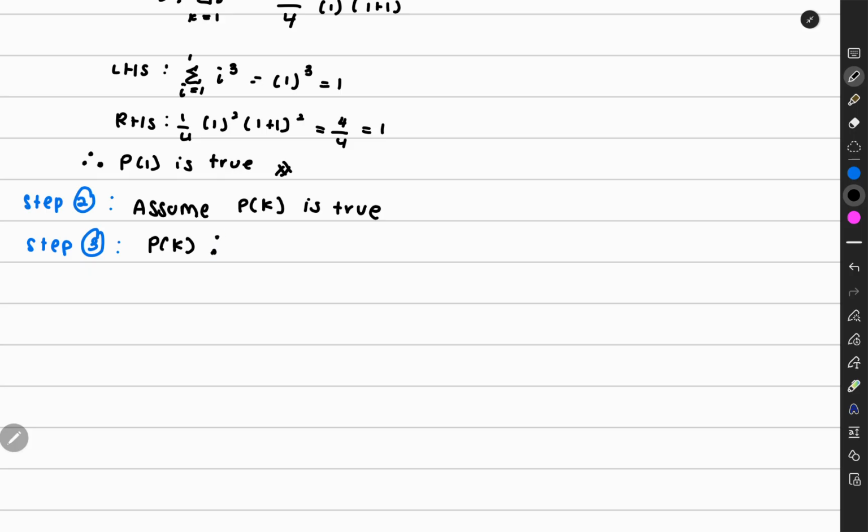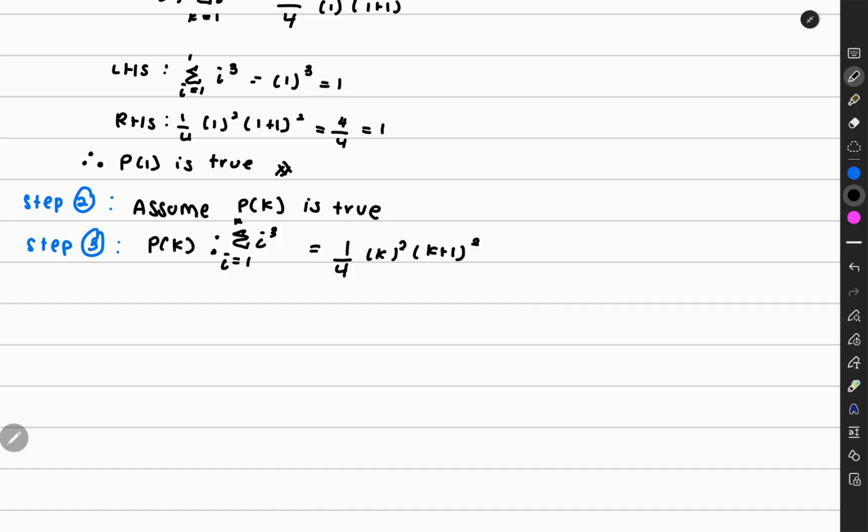So we have the summation of i to the power of 3, i from 1 to k. Now we want to look at the summation up until the specific integer k. So here we just change it, with k. So k to the 2 times k plus 1, k plus 1 to the 2. This is just the assumption.